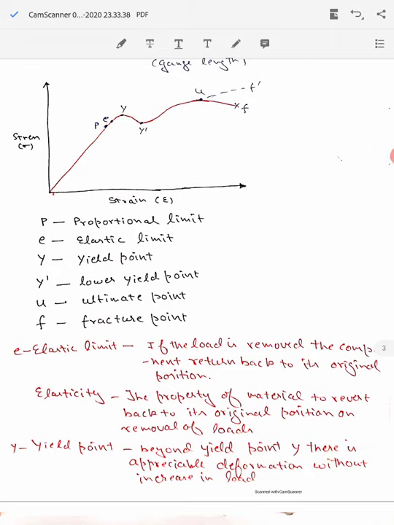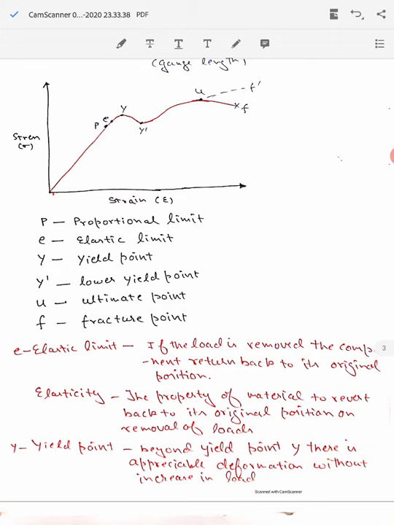This is termed as E, capital E, or sometimes it is also called the modulus of elasticity. Its unit will be Newton per meter square, and using this we can write our first equation, that stress over strain is equal to E, which is Young's modulus or modulus of elasticity.